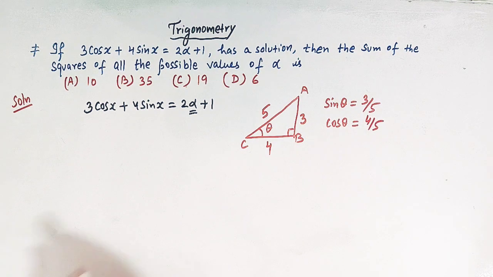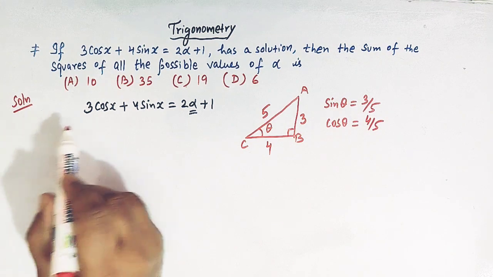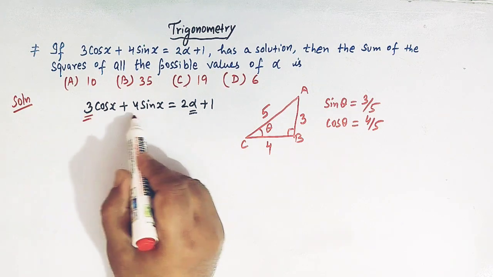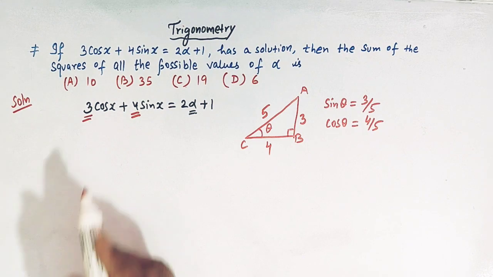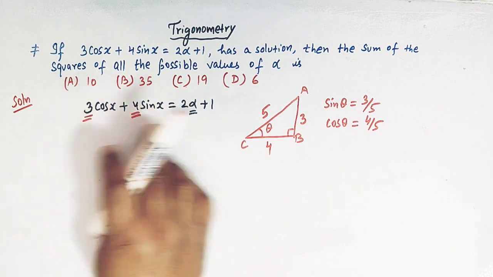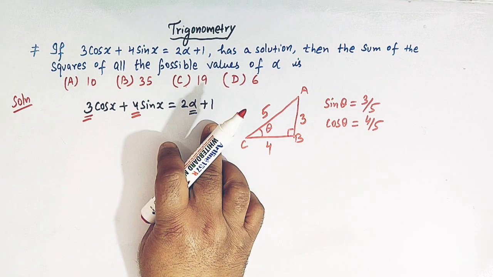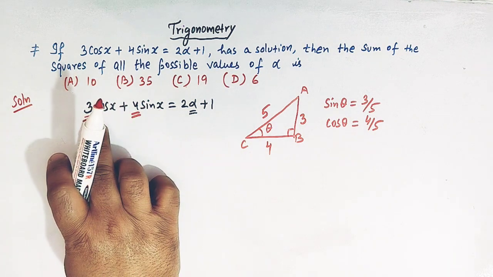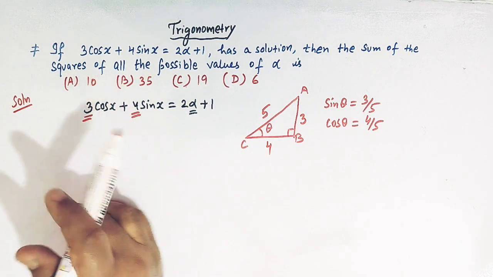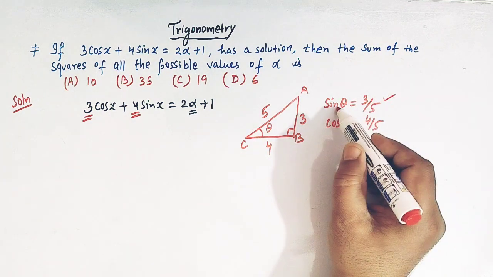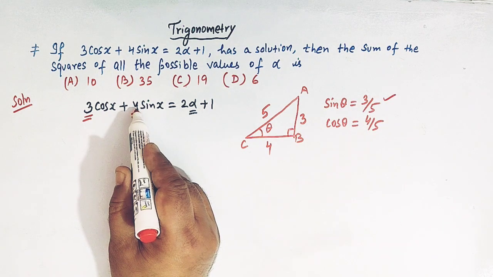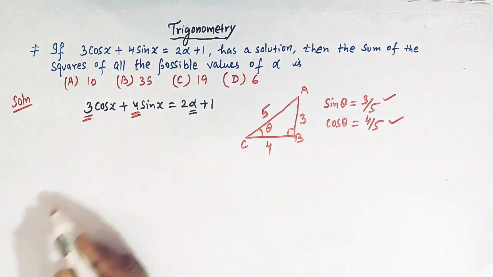Now see, here we have 3 and here we have 4. So what we will do, we'll divide both sides by 5, because once we divide both sides by 5, here we'll get 3 over 5, which is sine theta, and here we'll get 4 over 5, which is cos theta.